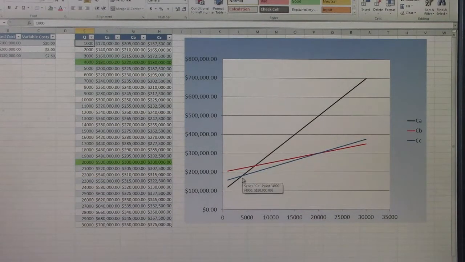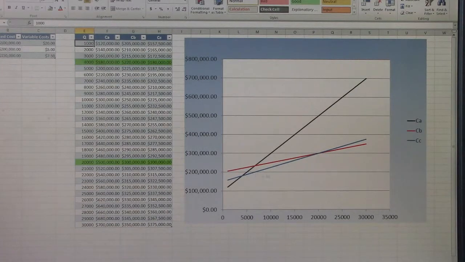From that 4,000 units then we see that alternative C is the most feasible, and that C alternative is most feasible until this point of intersection because it represents the minimum cost. It's the lowest line.